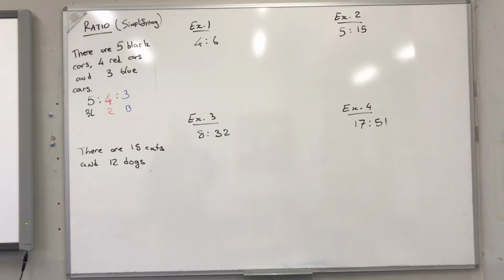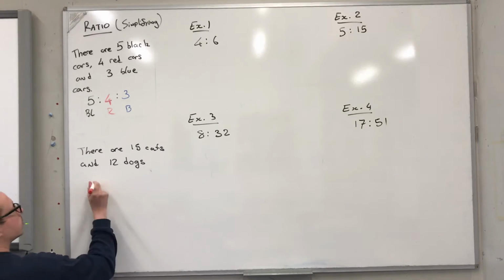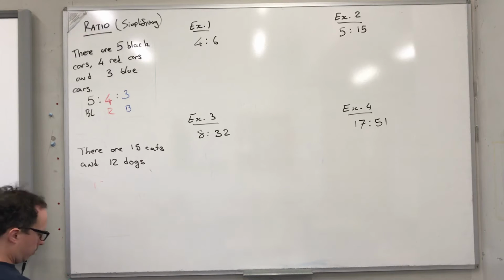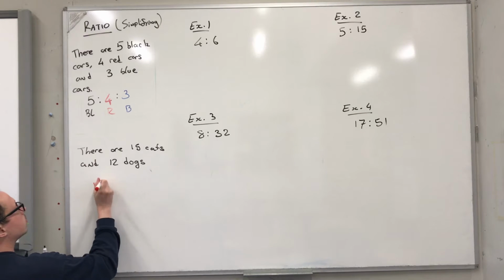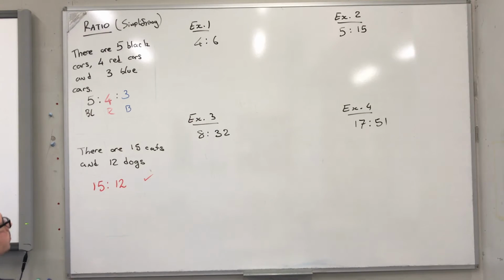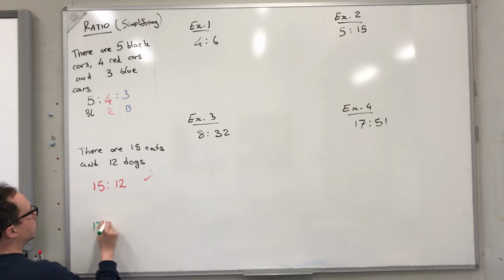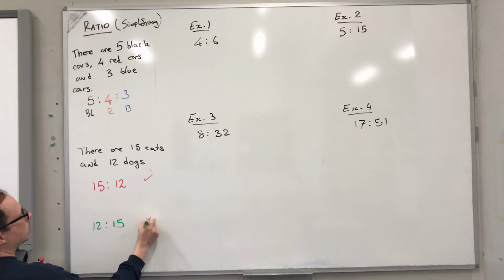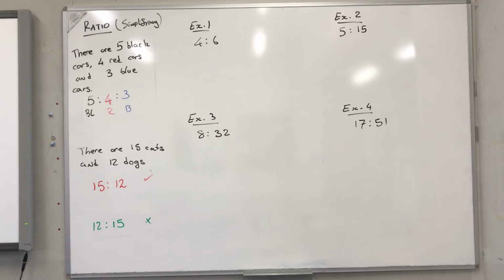So it's not going to be 12 then 15, it's going to be 15 then 12. So 15 to 12 is correct, but 12 to 15 is incorrect, okay?